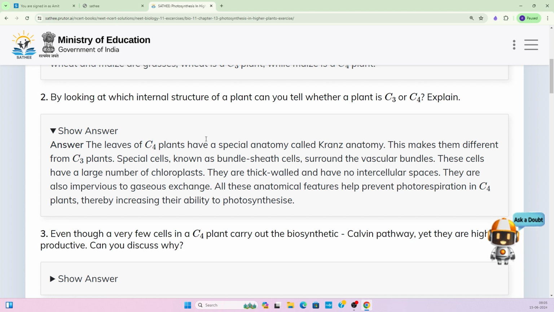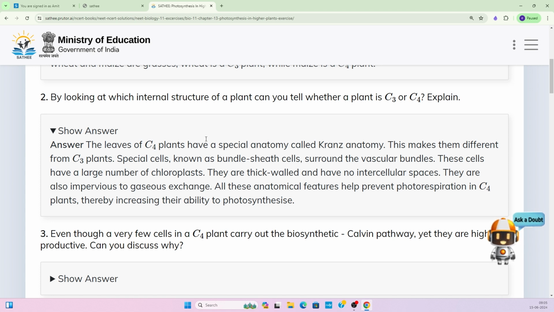So a C4 plant is quite different from a C3 plant on the basis that it has bundle sheath cells. This is very, very important. This makes them different from the C3 plant. Special cells known as bundle sheath cells surround the vascular bundle, right?